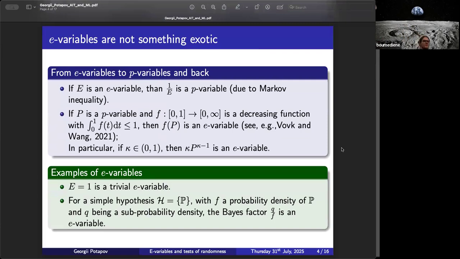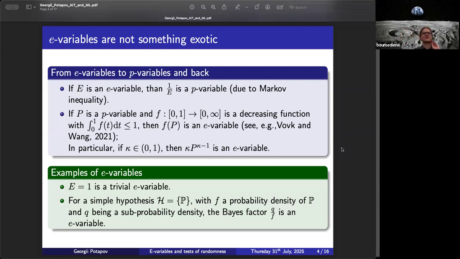Okay, so let's talk about why it's not that difficult to switch from p-variables to e-variables. That's because it is quite easy to convert p-variable to e-variable and vice versa.